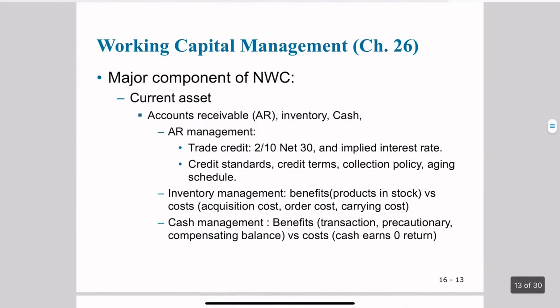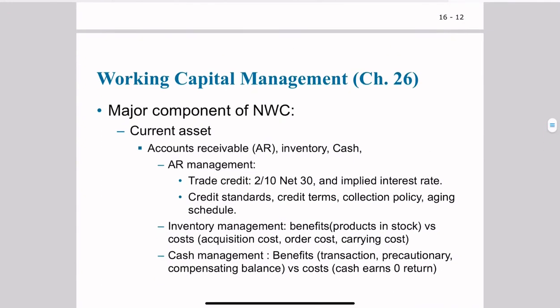Okay, so in terms of thinking about working capital management, it's useful to think what is net working capital, right? So net working capital is current asset minus current liability. And then current asset has 3 important components: accounts receivable, inventory, cash.